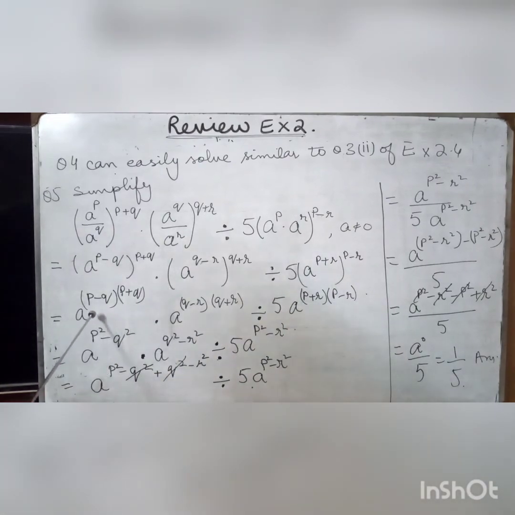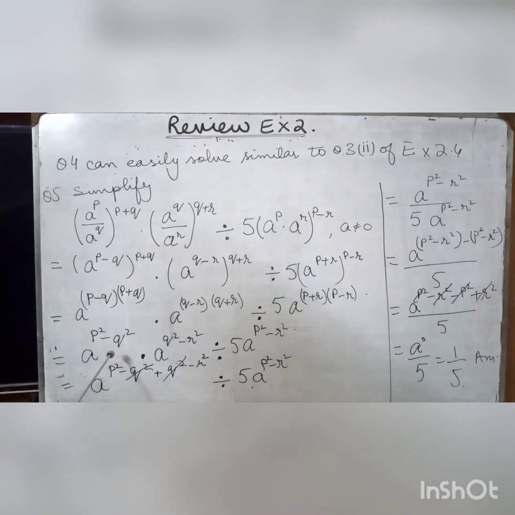So, according to the difference of two squares, when we expand these products, we get a raised to power p square minus q square, into a raised to power q square minus r square, divided by 5 a raised to power p square minus r square.